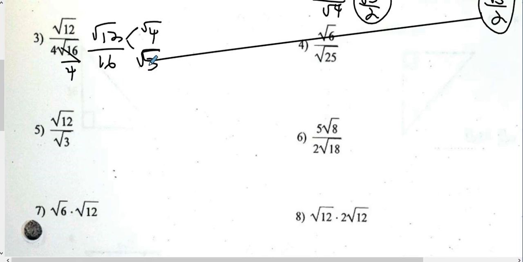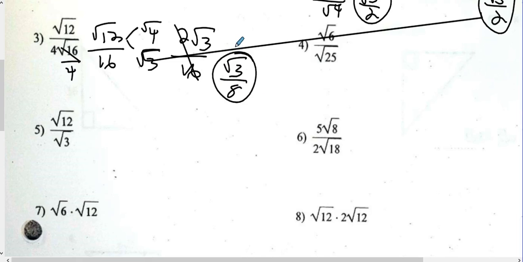Okay? Square root of 4 is 2. So that means the top is 2 radical 3 over 16. And since 2 goes into 16 8 times, I can just say my answer is radical 3 over 8. And that's it.